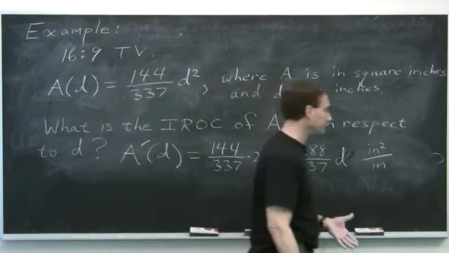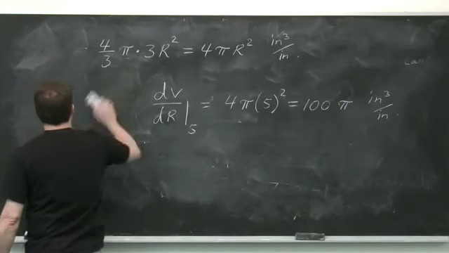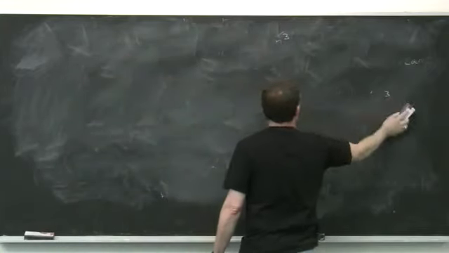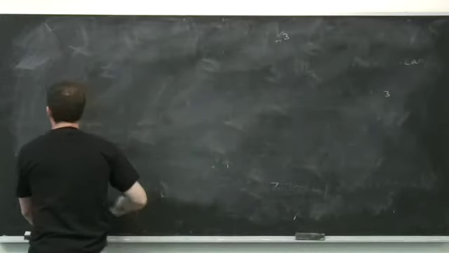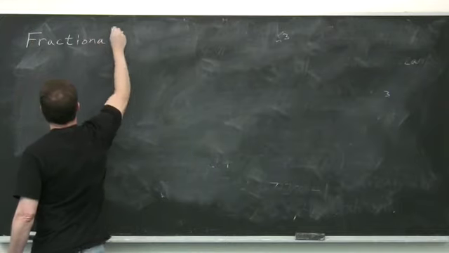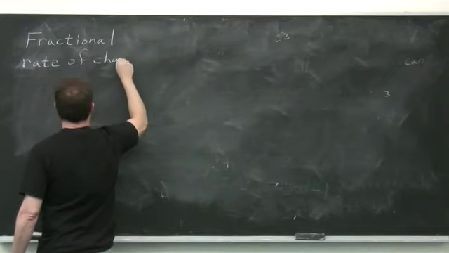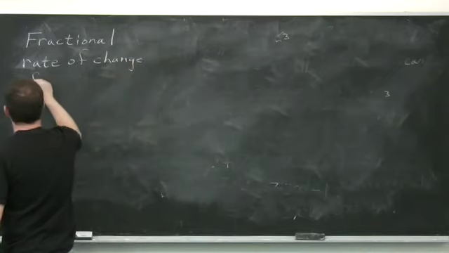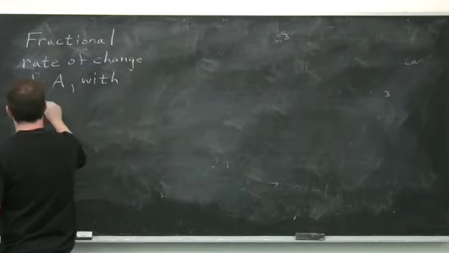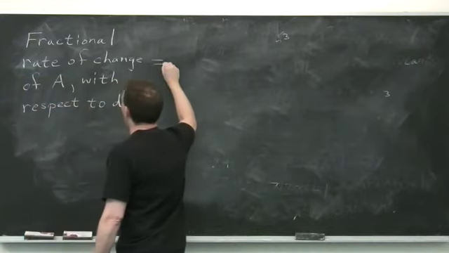How do we see that? Well, it's easy for us now. We can define the fractional rate of change of A with respect to d as being what?